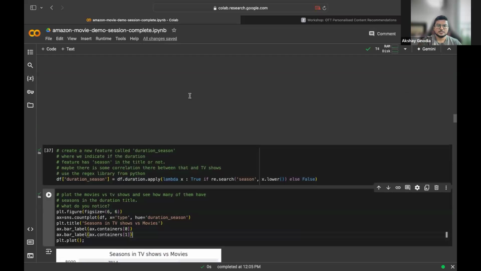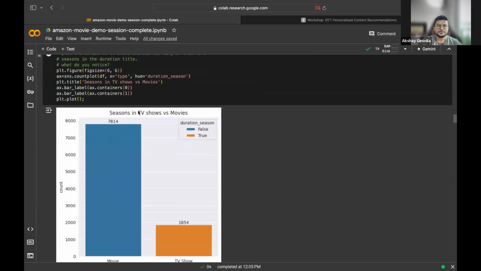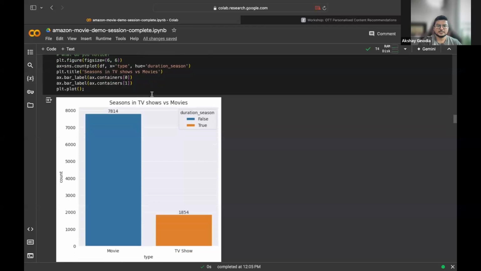Okay, so once I do that, what I'm going to do is plot the duration season column, which is true whenever the word season is present in duration, and false if not. I'm looking at the true and false count across both TV and movie shows.